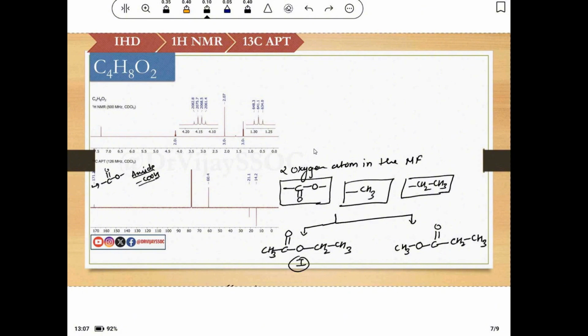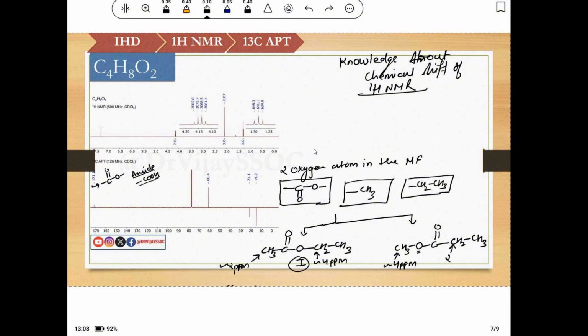Now here it is important to have knowledge about the chemical shift of 1H NMR. So if CH3 is attached to the keto group, it usually comes around 2 ppm, and one attached directly to the oxygen comes around 4 ppm. And in this case, this CH3 which is directly attached to the oxygen will be around 4 ppm, and this CH2 will be around 2 ppm.